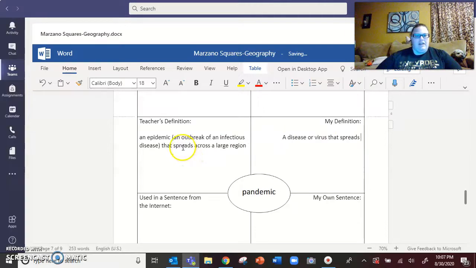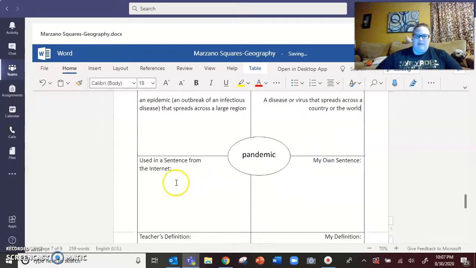Wait a minute. Can I use the same word, spreads and spreads? Sure. I just can't copy the entire definition twice. So a disease or virus that spreads across, I can't say a large region, but I could say a country or the world, right?